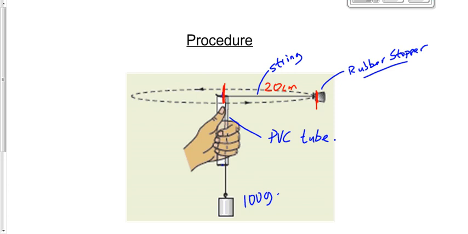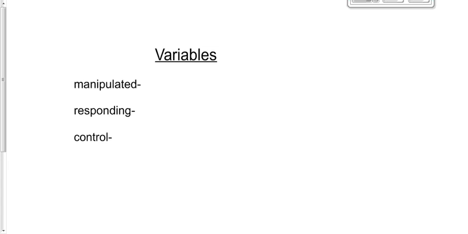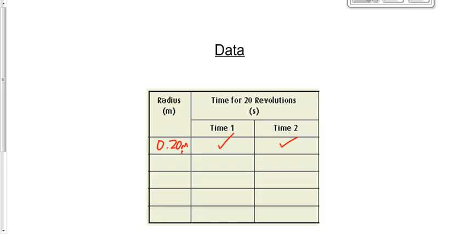Then you repeat it. But instead of repeating it for the same radius of 20 centimeters, listen carefully, you are going to change the radius to 30 centimeters. You're going to want to have that marked off on the string as well. So now our radius is 0.30 meters.